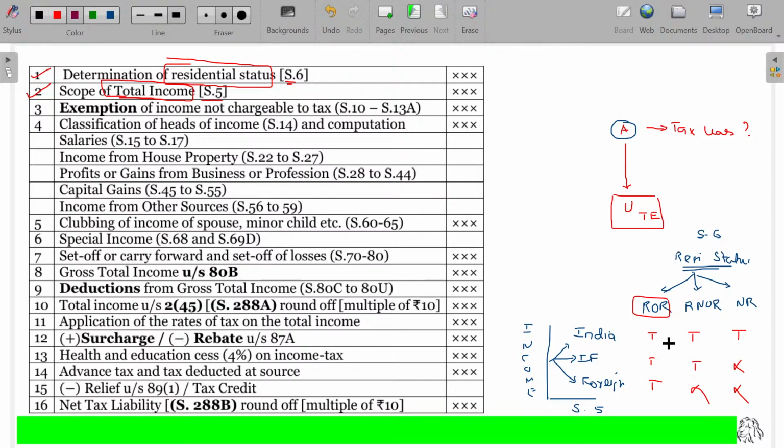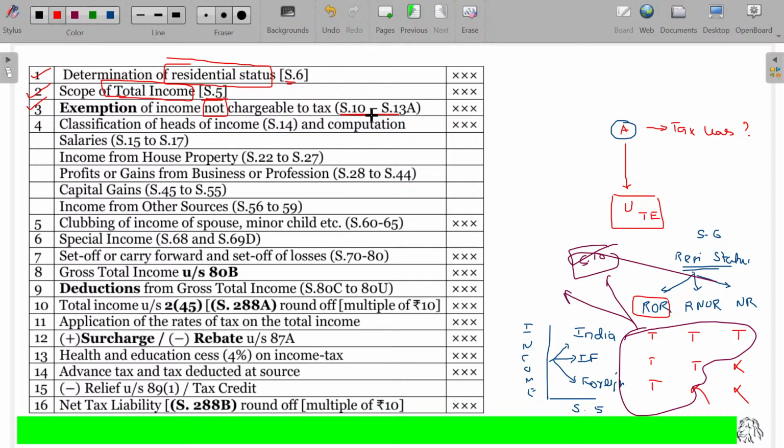Out of this income, some income falls under section 10, meaning exempted. That income is not going to be considered. Step number 3: find out the exempted portion of the income which is not chargeable to tax, usually mentioned under section 10 and of course 13A.